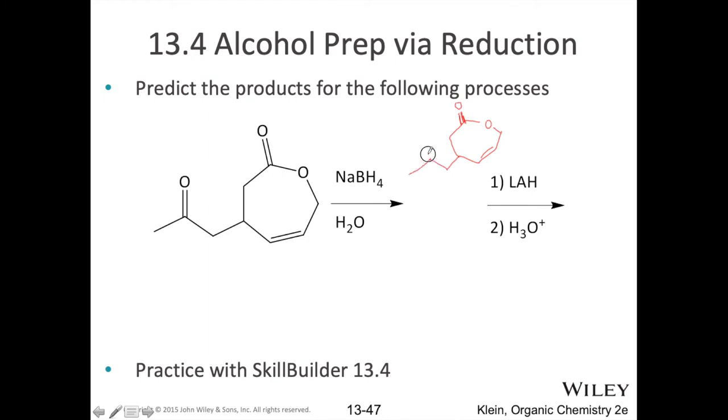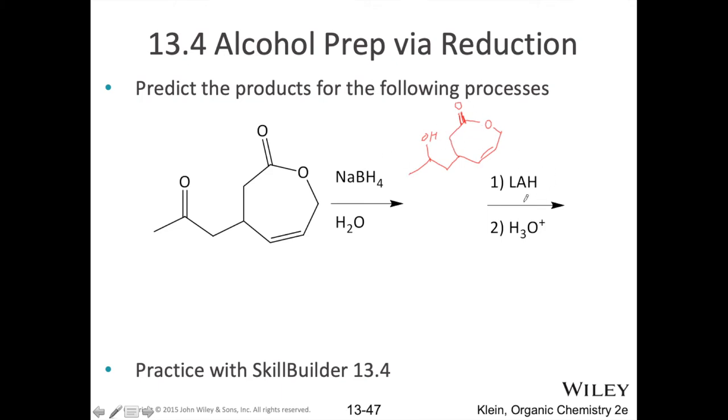And then of course this gets converted into an alcohol group accordingly. Now this is a chiral center, of course, so you're actually going to get a racemic mixture of this. You can have a wedge or a dash here, it doesn't really matter, right? So that's the product with sodium borohydride.